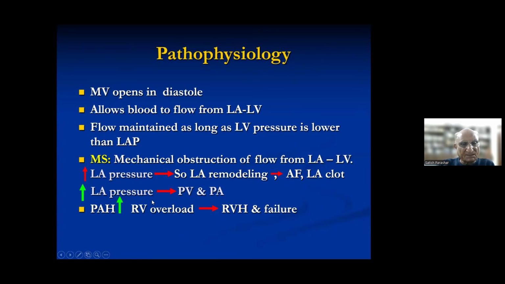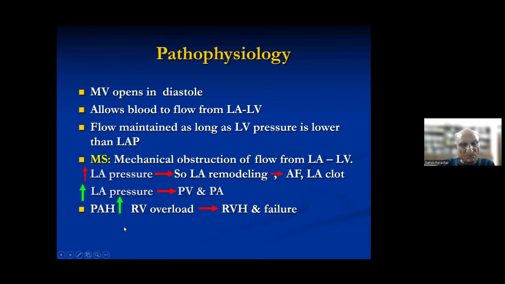This is another one. The LA pressure is transmitted to the pulmonary veins because the pulmonary veins drain into the LA. So the increased LA pressure is transmitted to the pulmonary veins, and the same increased pressure from the pulmonary veins is directed toward the pulmonary artery. So increased pressure in LA, transmitted to the pulmonary veins and the pulmonary artery, leads to pulmonary artery hypertension.